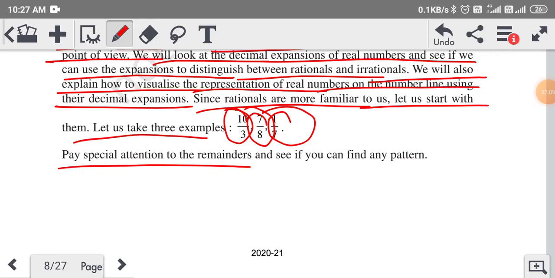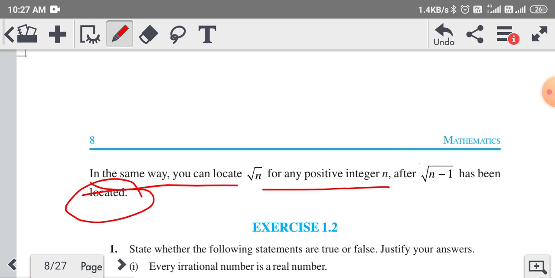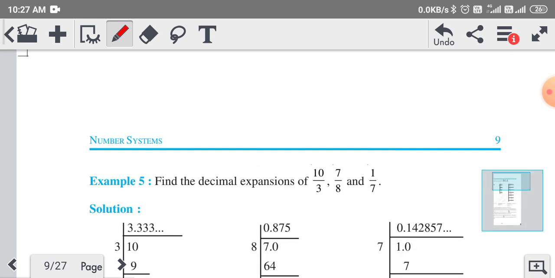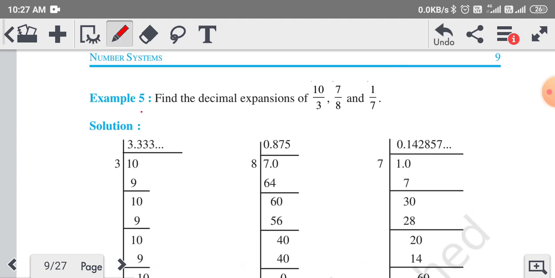Example 5: find the decimal expansions of 10 by 3, 7 by 8 and 1 by 7.